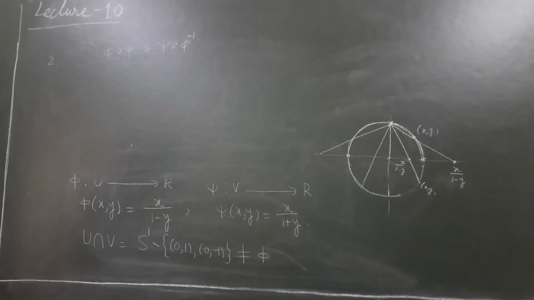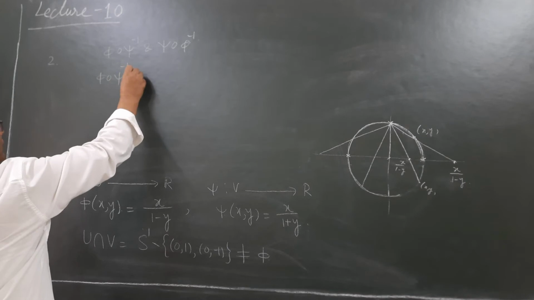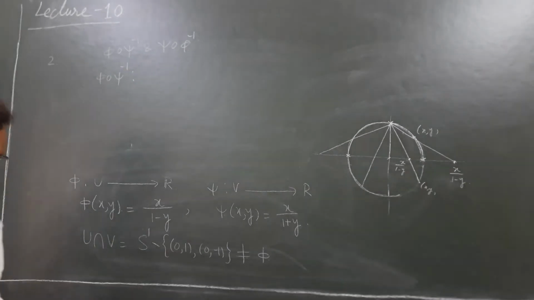You can check whether both of them are differentiable or not. So phi composition psi inverse will be a map from where to where?